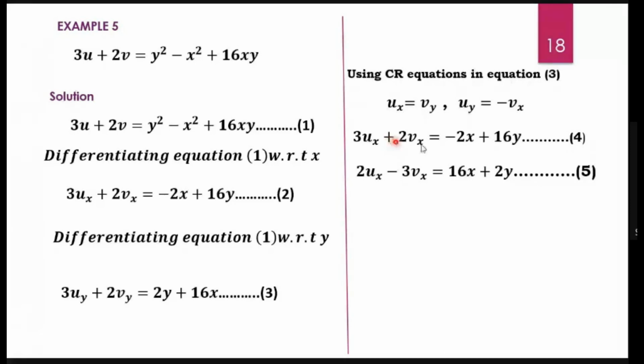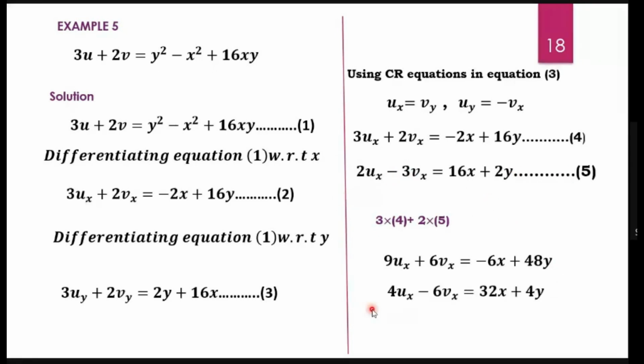So I multiplied equation 4 by 3 and equation 5 by 2. Multiplying by 3, I get 9ux, 6vx, minus 6x, 16 into 3, 48. Multiplying the other by 2, I get 4ux, minus 6vx, 32x and 4y.